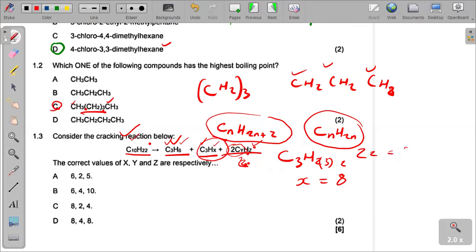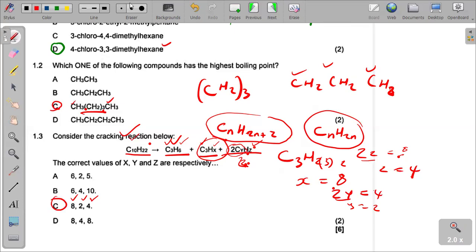If we divide by 2, we get Z equal to 4. That's exactly what we did for Y: 2 times Y is equal to the remaining number of C atoms, which was 4, so dividing by 2, Y is equal to 2. Therefore, our X is 8, our Y is 2, and our Z is 4. So 1.3 becomes C. We have identified them.